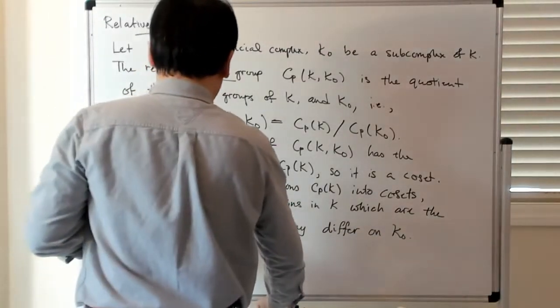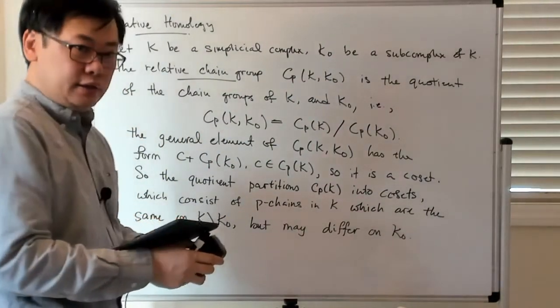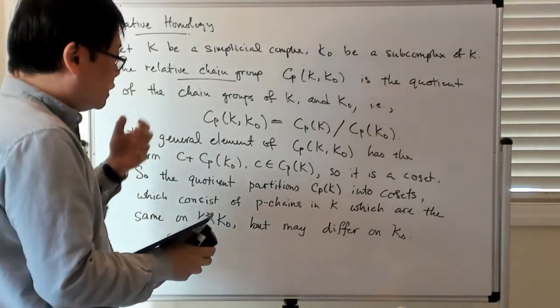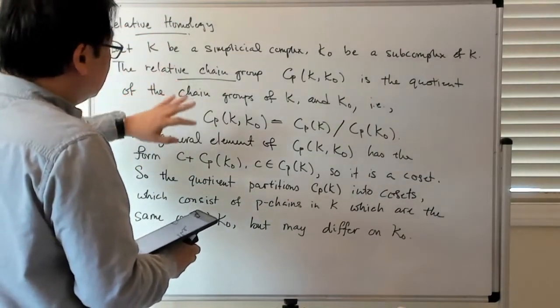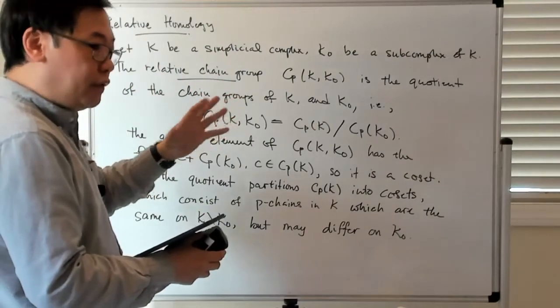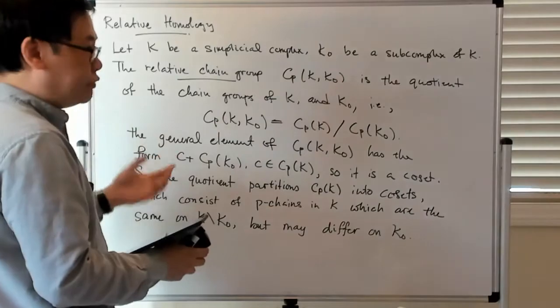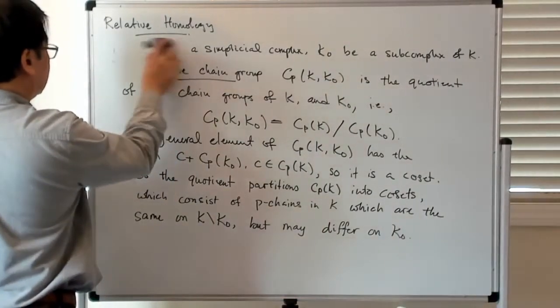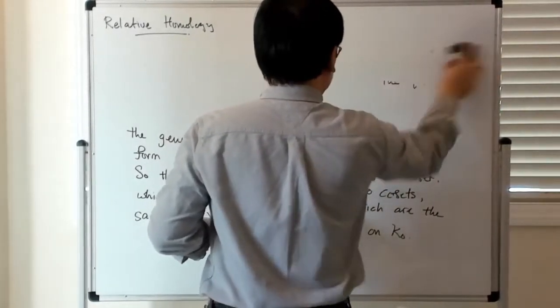All right, so once you've defined this idea of a relative chain group, the next natural question to ask is, can you talk about a relative homology? The way you do this obviously is that we need to think about how you can construct a sort of relative boundary operator, if you will. So let's see what happens.